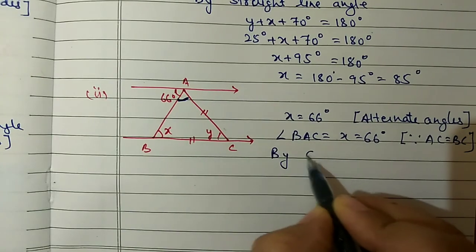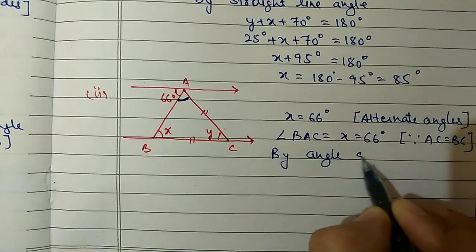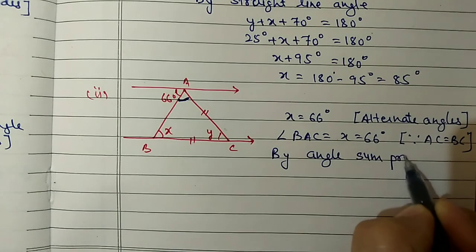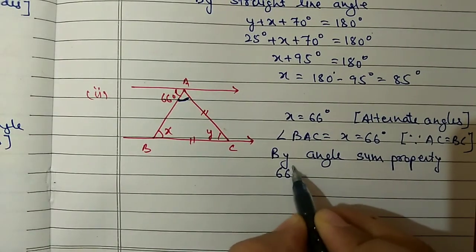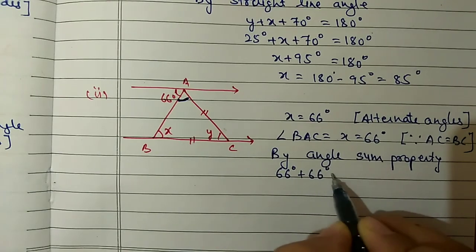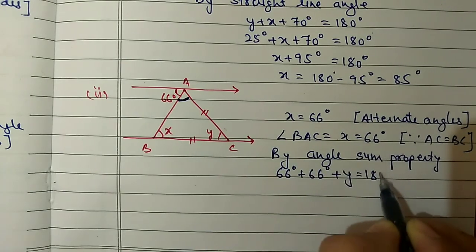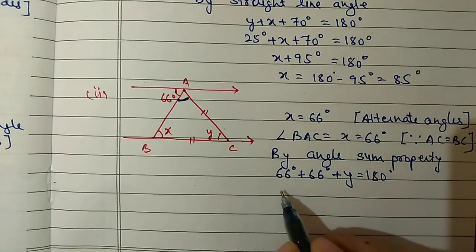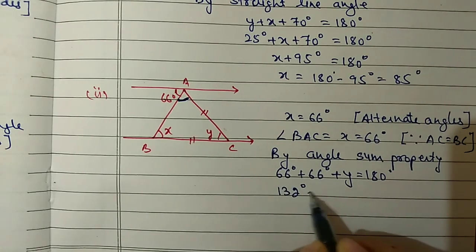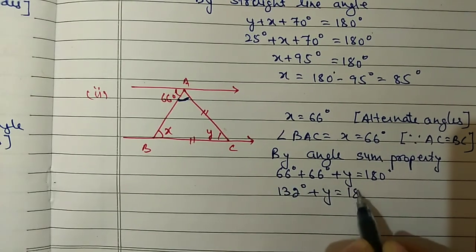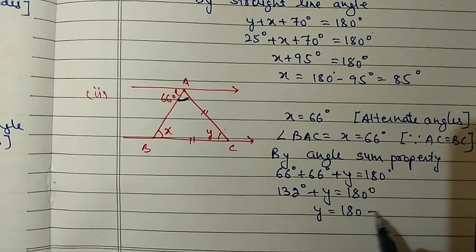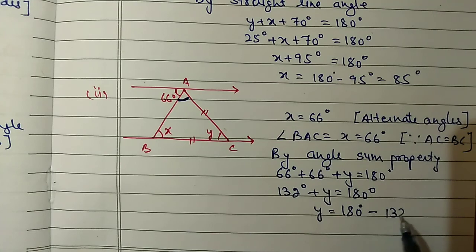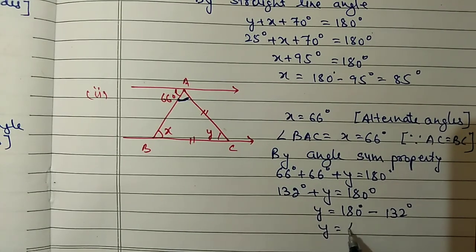By angle sum property, 66 plus 66 plus y is equal to 180 degree. 66 plus 66 132 plus y equal to 180 degree. So the value of y will be 180 minus 132 equal to 48 degree.